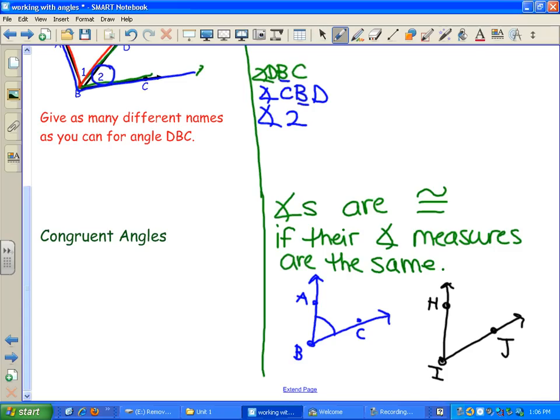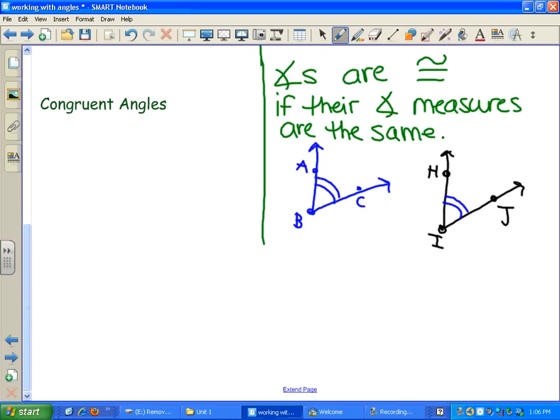So that little arc that I drew through angle ABC should be the same as that arc over there if I want to state that those angles are congruent. I could also put 2 marks. So if I have 2 marks, that means those 2 are congruent. So I can go ahead and say that angle ABC is congruent to angle HIJ.